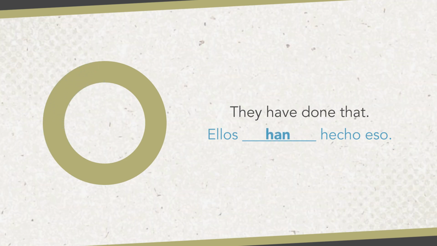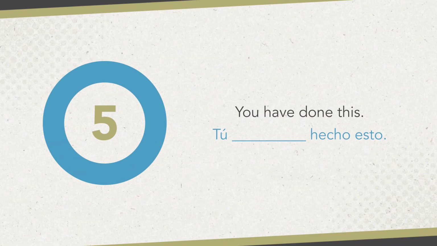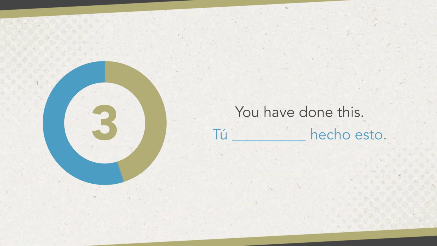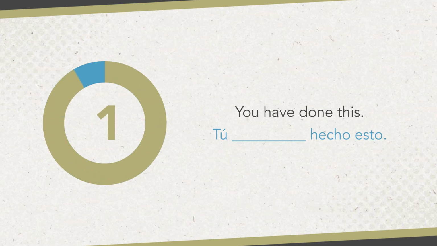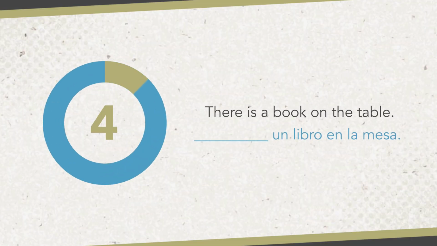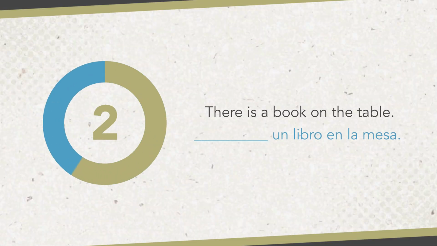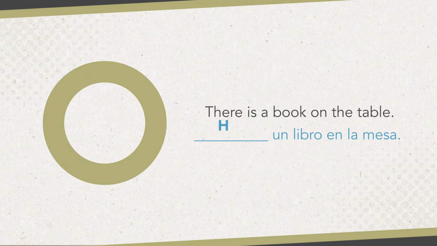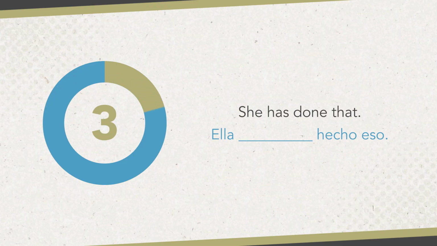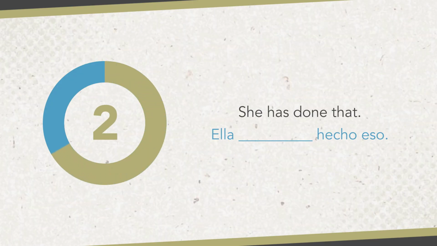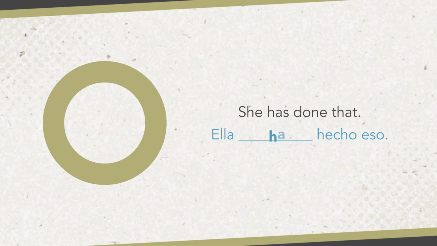Ellos han hecho eso. You have done this. Tú has hecho esto. There is a book on the table. Hay un libro en la mesa. She has done that. Ella ha hecho eso.